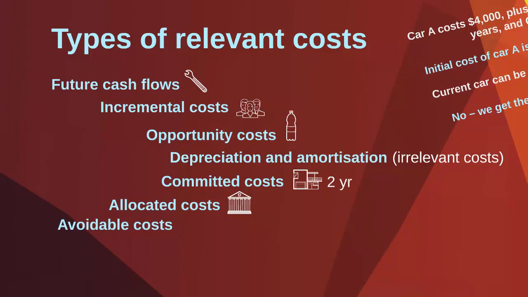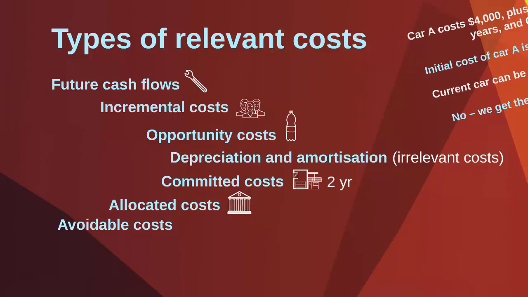Avoidable costs. These are in a sense costs that will, as the name suggests, be avoided by going ahead with the project. So these are a relevant cost. So let's say we're going to go ahead with a project where we have to purchase all kinds of new materials in order to fulfill the project.